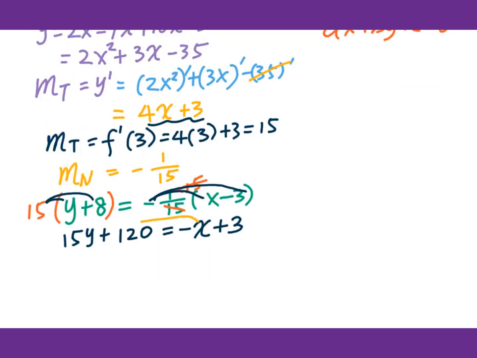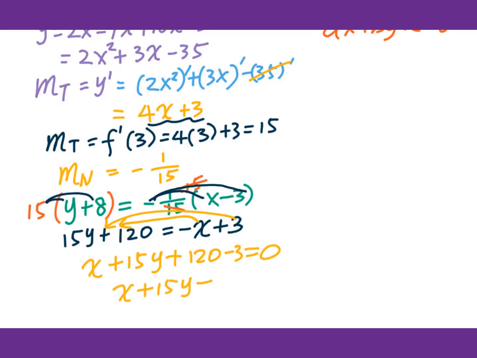To move everything to the left side, you get x plus 15y plus 120 minus 3 equal to 0. x plus 15y plus 117 equal to 0. This will be the final answer.